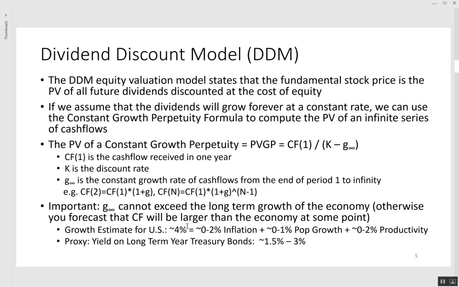However, we use about a maximum of about 4% as the growth of the U.S. economy. Also, as a proxy, this is suggested by Aswath Damodaran. If you're looking for a proxy for the nominal growth of the U.S. economy, just look at the yield of long-term bonds, which are about 1.5% to 3%, looking at, say, 10 to 30-year bonds. That's also kind of an upper range of what that long-term growth rate should be.